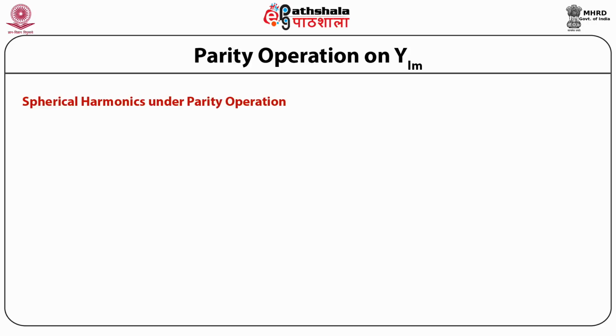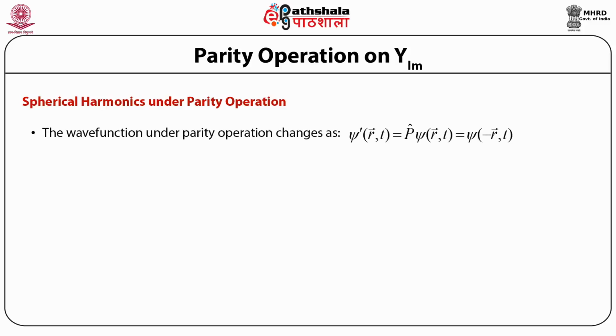So parity operation basically means that if there is a function of a radial vector, and that radial vector goes from r to minus r, then how does the function's value change?